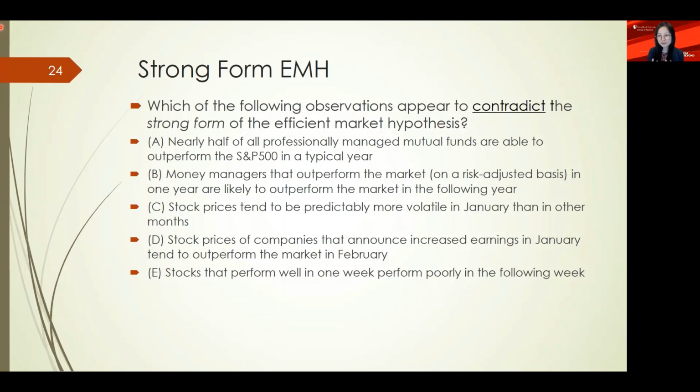Okay, it can be a little fuzzy, so you have to go back and think about the definition of strong form EMH. Okay, which one violates the prediction of EMH? As long as you violate one prediction, then you violate the whole null hypothesis.